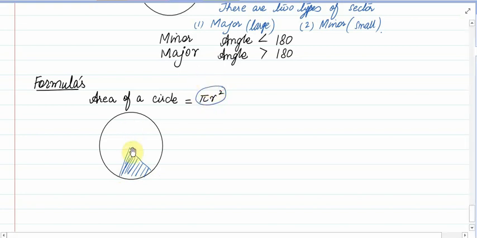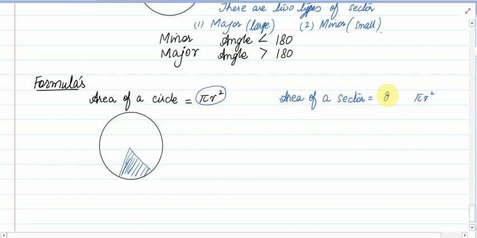Basically what we are saying is that a sector is a portion of a circle, right? And what portion? Just listen. Now the area of a sector is pi r square because of the circle, but not the whole circle.